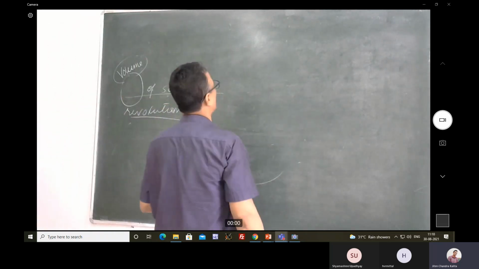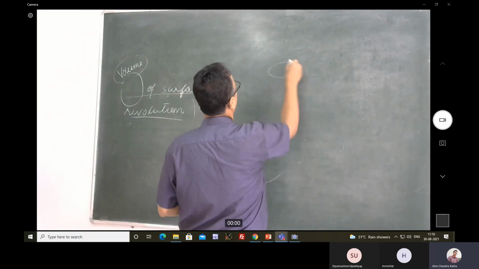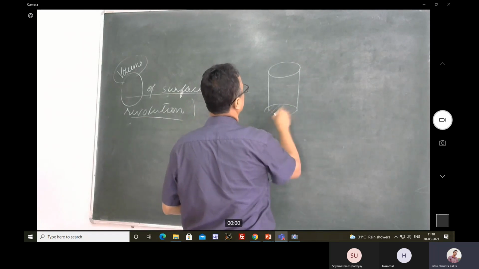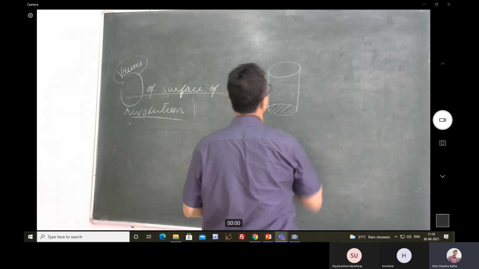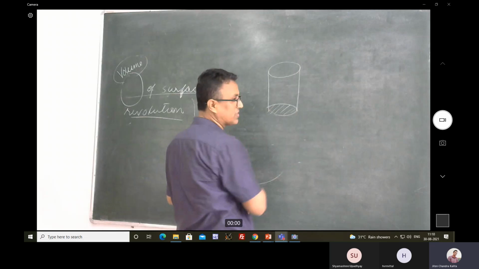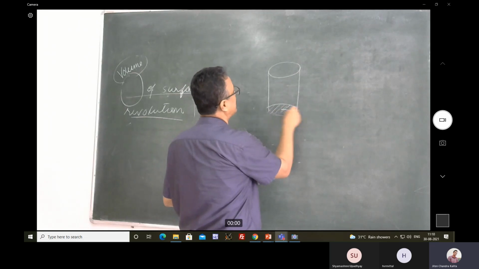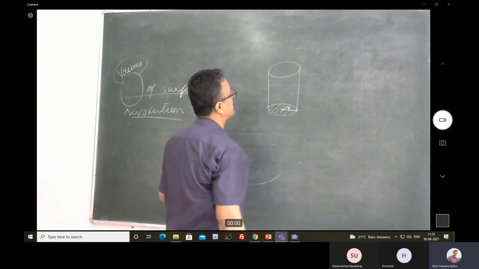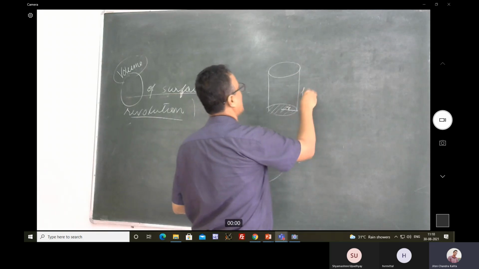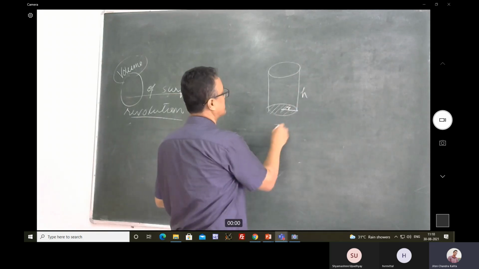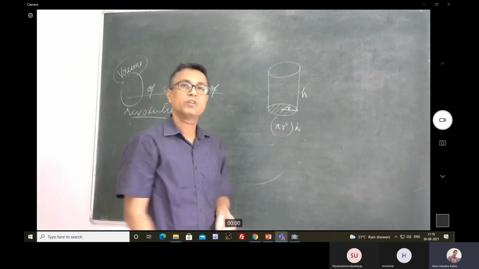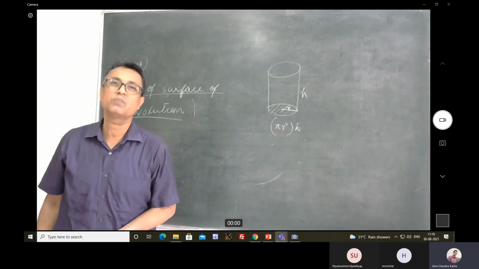You know that if I want to find the volume of a circular cylinder, I simply take the area of the base. If the radius of the base is r, and the cylinder is of height h, then the area of the base is pi r squared, and you simply multiply it by h, and that is going to give you the volume.